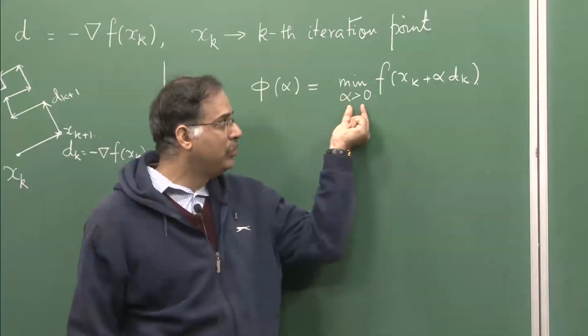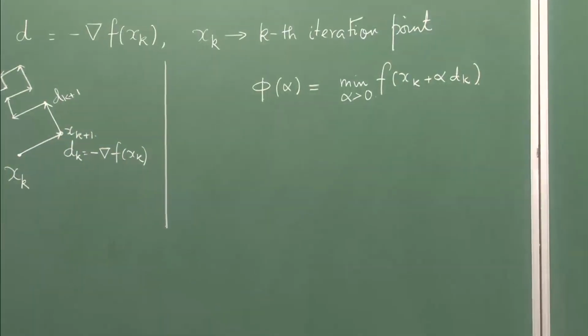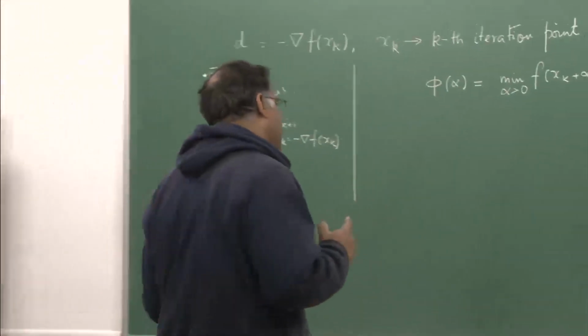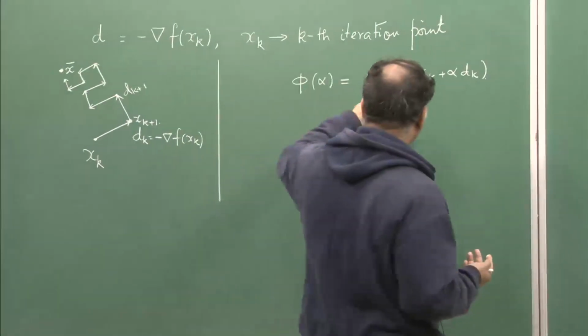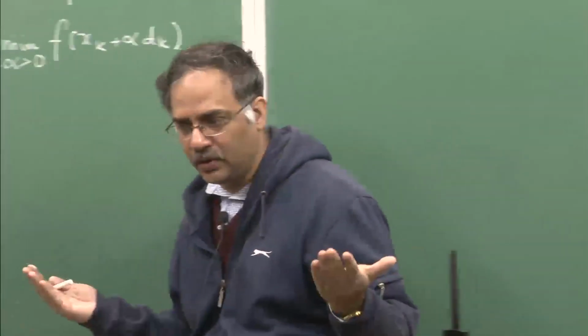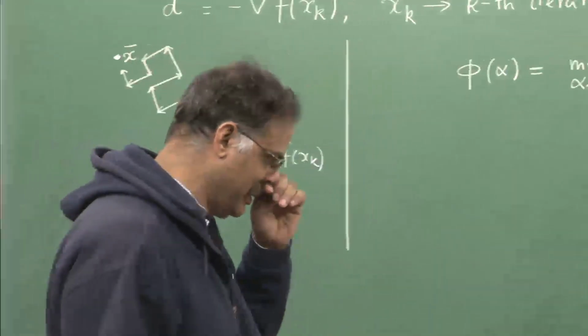But here I have looked at only alpha strictly bigger than 0, and this is an open set. We have not yet discussed much about constrained and unconstrained optimization, because here what you have is constrained optimization. But I want to tell you that if you minimize a function over an open set, the necessary optimality condition is nothing but the gradient of f at x is equal to 0.